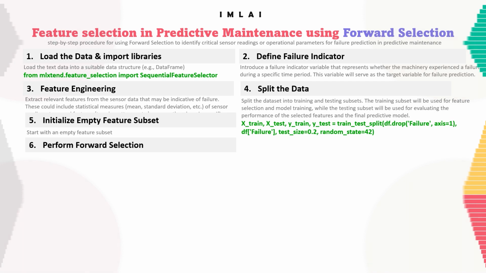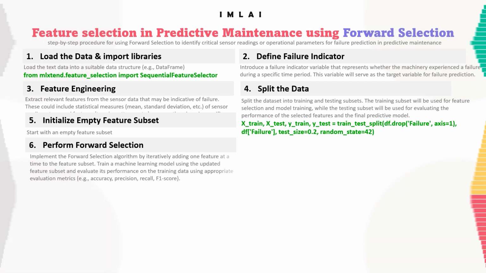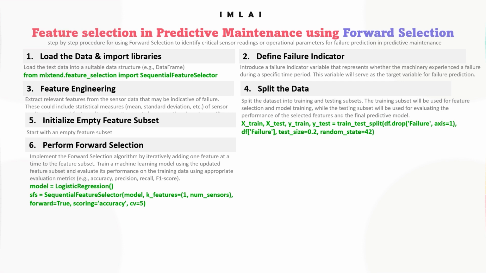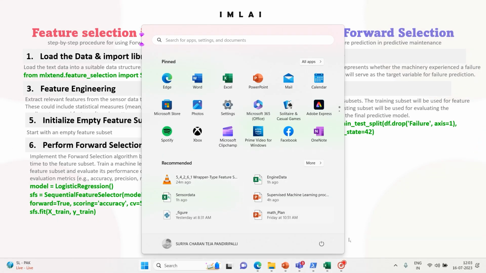To apply the forward selection, of course, we have to use a respective model. So first I'm going to instantiate the logistic regression class object, and then I will call the sequential feature selector class and instantiate that object, and finally I'll fit x train and y train into the sequential feature selector. Okay, let's do the step.